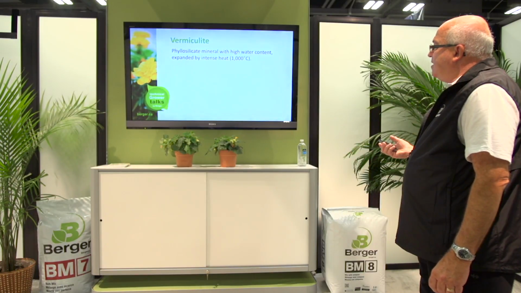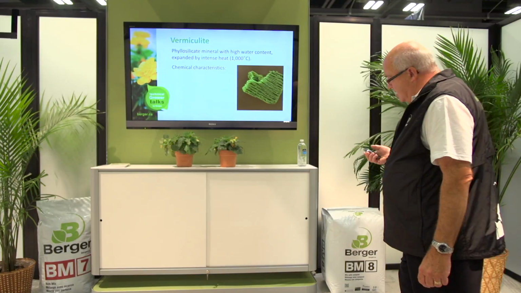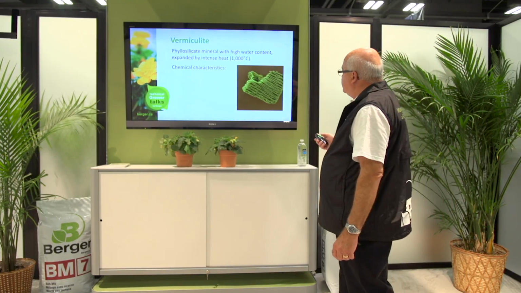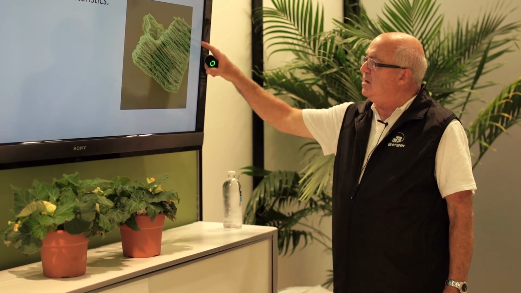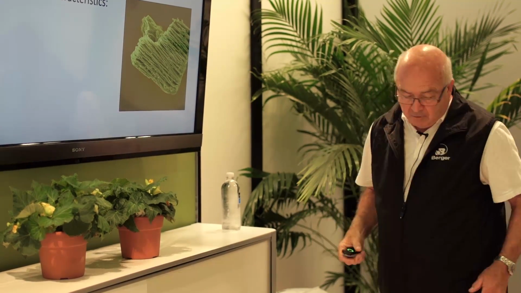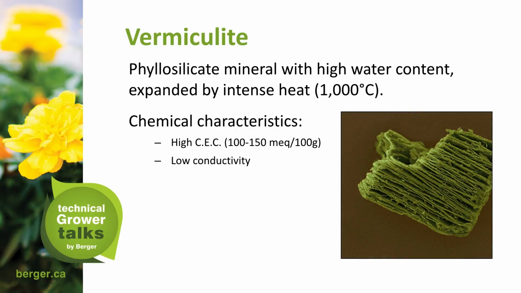Once it's expanded by the heat, we can see the chemical characteristics, and as you can see, the platelets in between the expanded ore serve as sites for holding on to nutrients. So it does have a high CEC, 100 to 150 milliequivalents per 100 grams. Low conductivity, so very low EC or salt content.